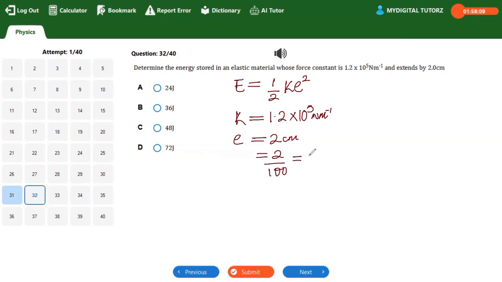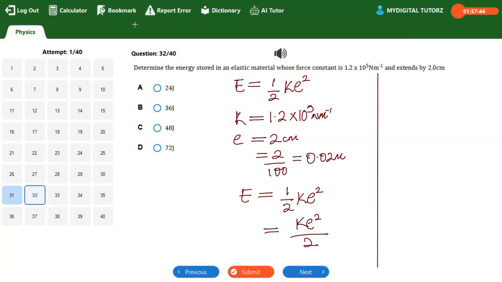That will give us 0.02 meter. So we can now bring it here in our formula. E equal to half Ke squared. This same thing is like Ke squared over 2. Please don't be confused. So then we now plug in the values.